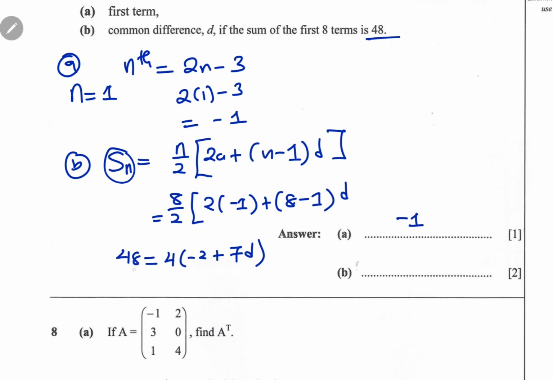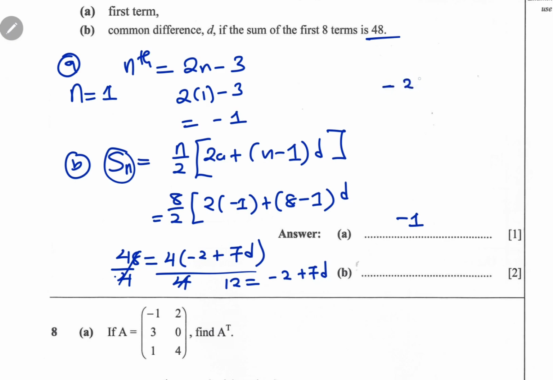Then, of course, I can open brackets, but I can divide here to remove this 4. So what is going to remain? This remains 12 is equal to negative 2 plus 7d. So please, let me just shift to the other side.